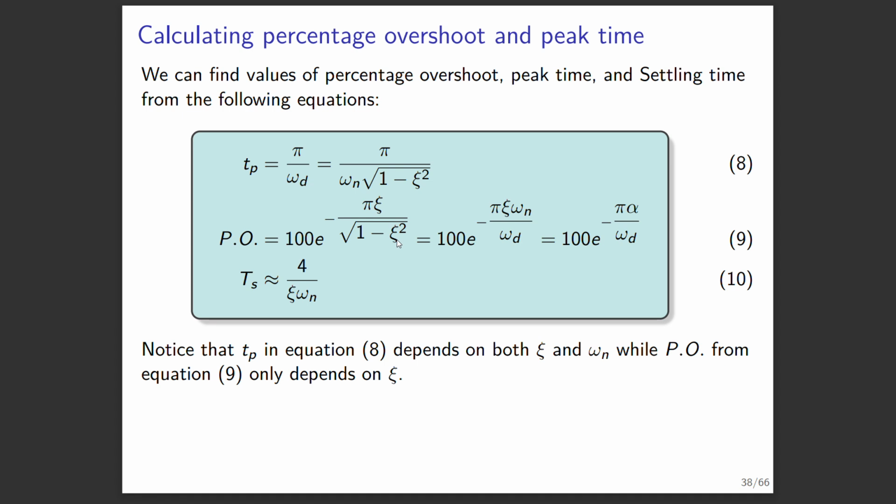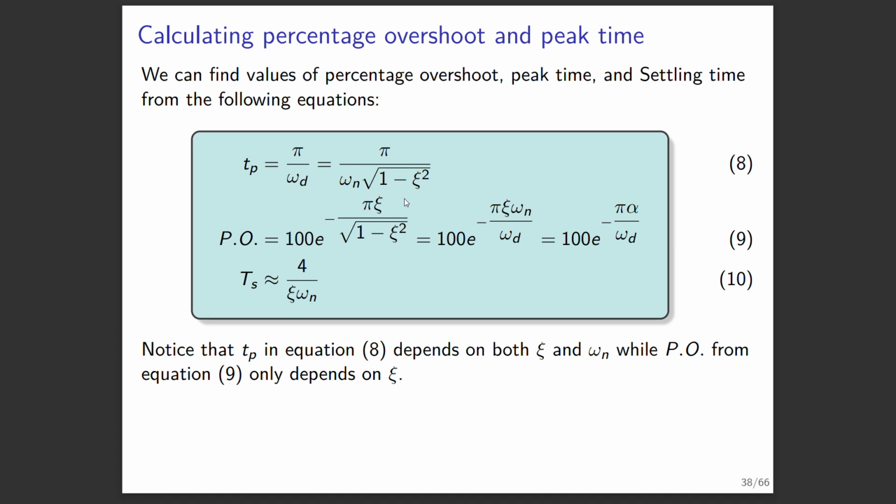But it is important to notice that equation 9, percentage overshoot, which we have provided 3 ways of writing it, could be only written if you have the damping ratio. Again, if you have the damping ratio, you don't even need omega d or omega n.